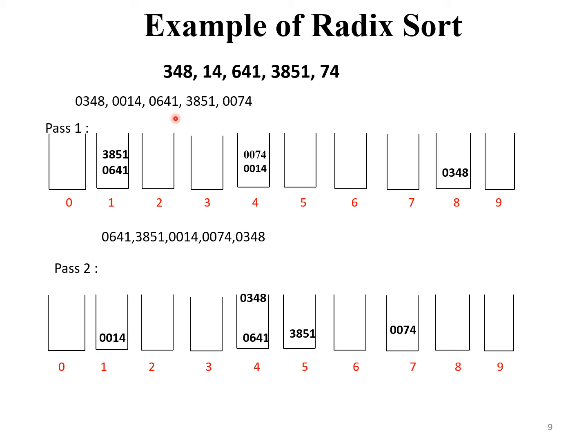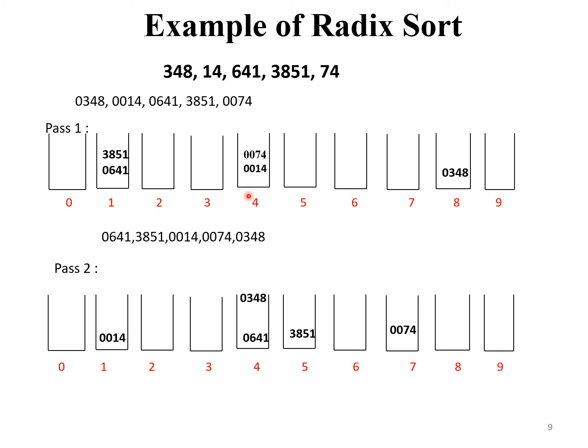Here the least significant digit is 1, so we put this number in the first bucket. Next is 3851. The least significant digit is 1, so we place this number in the first bucket. Next is 0074. Here the least significant digit is 4, so we put this number in the fourth bucket.